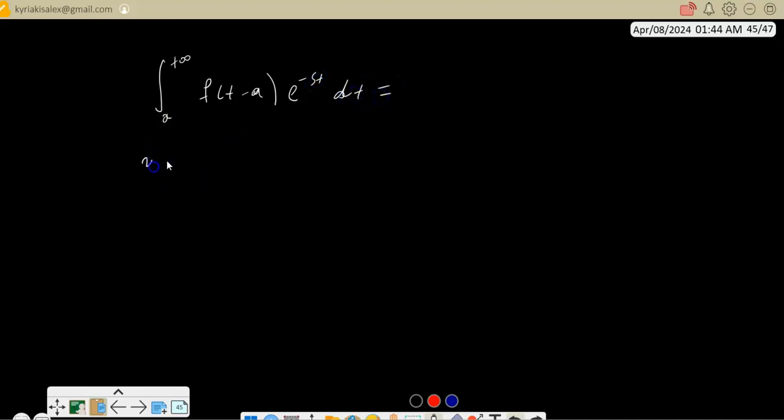Now I need to change the variable u equals t minus a. For t equal to a, u is equal to 0, and from t going to infinity, also u goes to infinity.